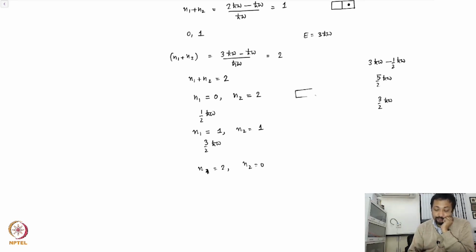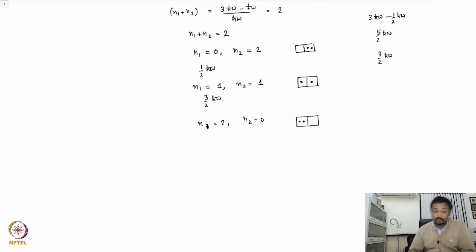So as if I have now two boxes, I am placing 0 particles in this box and both of them are over here, and here the configuration is this, and here the configuration is this. So I hope the general idea is clear to you now.